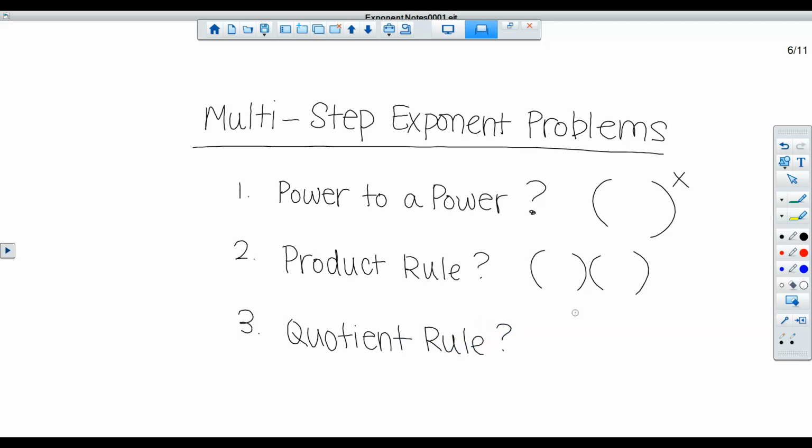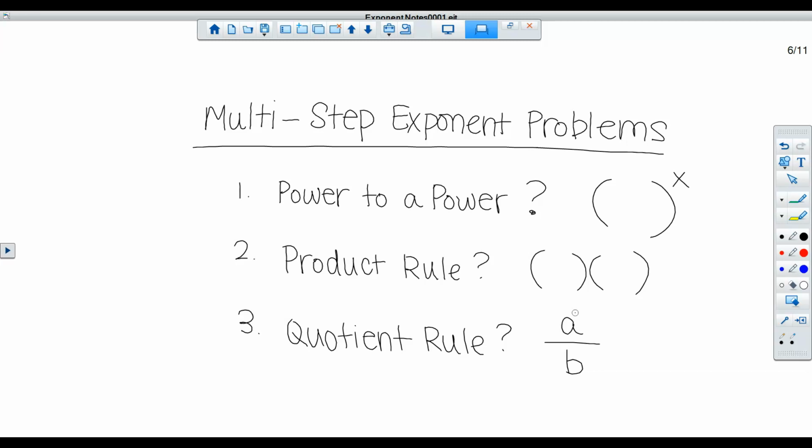If quotient rule is in your problem, you'll recognize it because there will be a fraction bar with part of the problem on top and part of the problem on the bottom. So you need to look for the 3 rules in this order and do them in this order. Now they may not all be there, and if they're not, just skip that part.